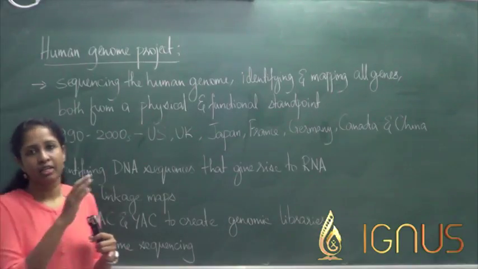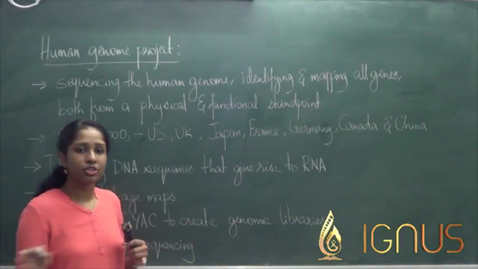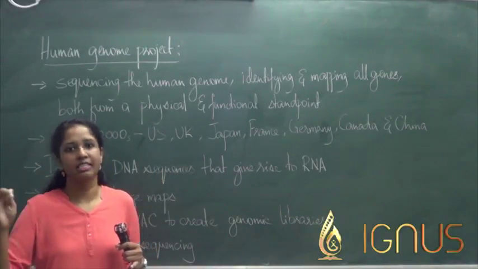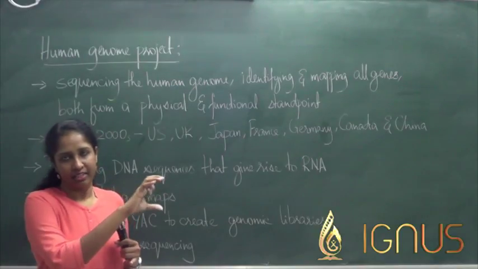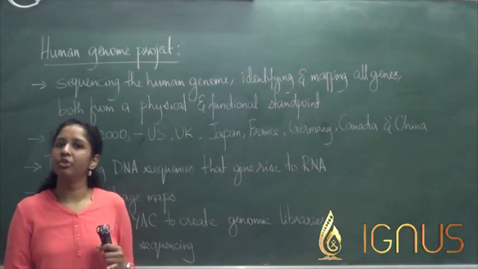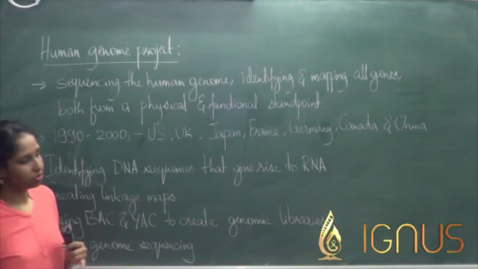So, the exact way in which these nucleotides are arranged, so A, C, C, T, A, G, C, like this, the 4 nucleotides are arranged in a specific order in the human genome, and that was figured out through sequencing of the human genome.